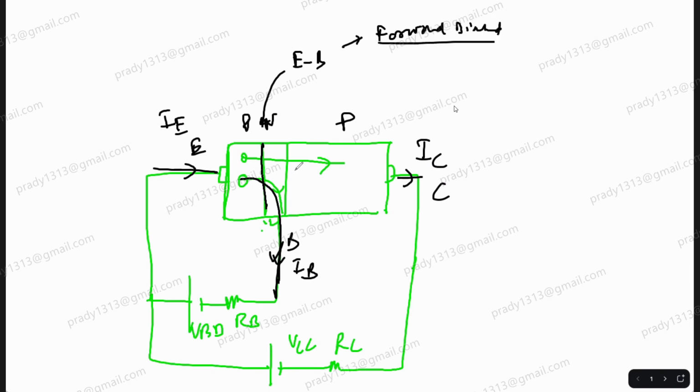Whether it is an NPN transistor or a PNP transistor, we are forward biasing the PN junction. So the current is always going to flow from P to N. Yes. So the arrow can be an indication of the sign. If you see the arrow, it is basically showing you the direction of current. So you can easily say which is P, which is N here.